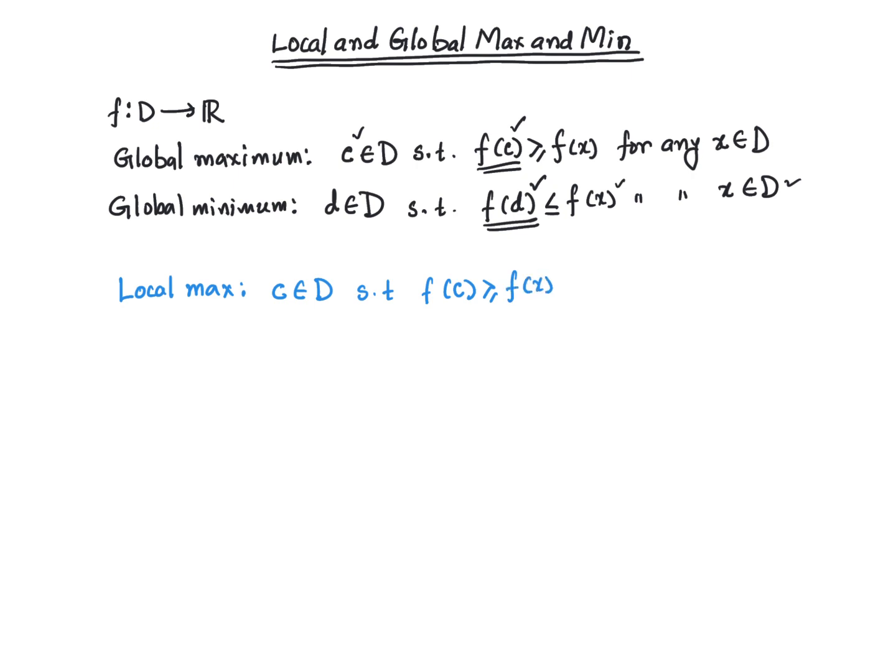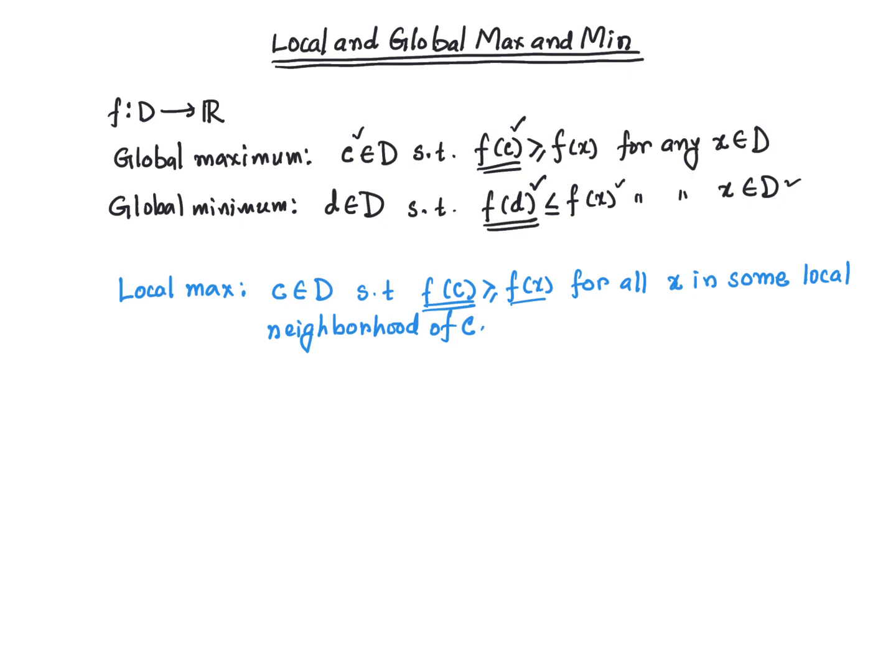Now this time, instead of any x, we are going to talk about a neighborhood of C. So f of C is greater than or equal to f of x for all x in some local neighborhood of C. If that is the case, then we say f of C is a local maximum, because f of C is greater than or equal to f of x for some small neighborhood of C, some vicinity of the point C.